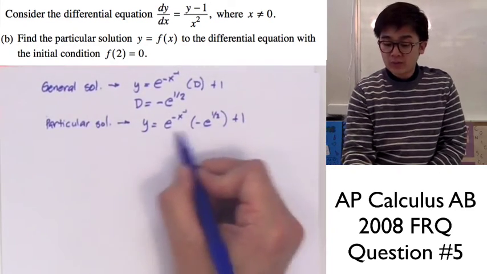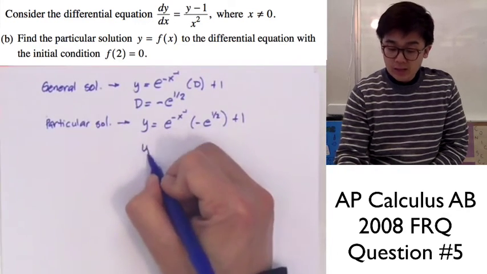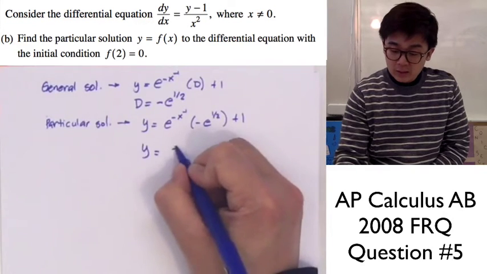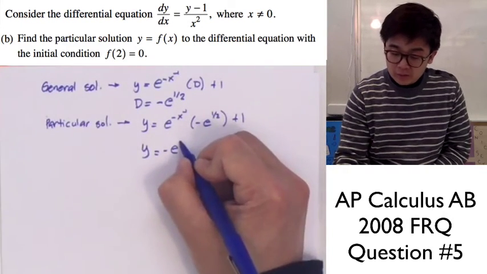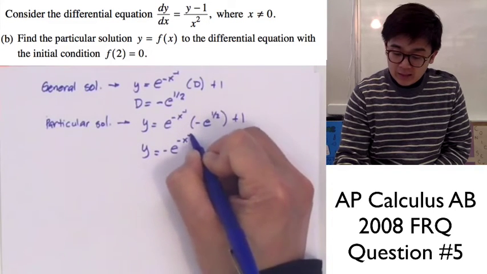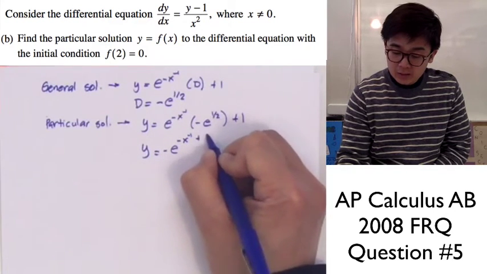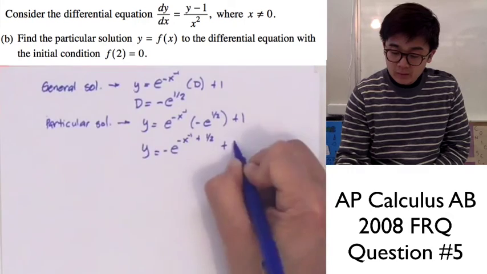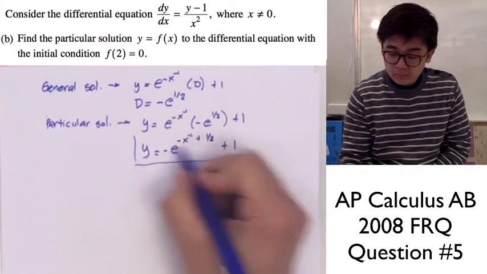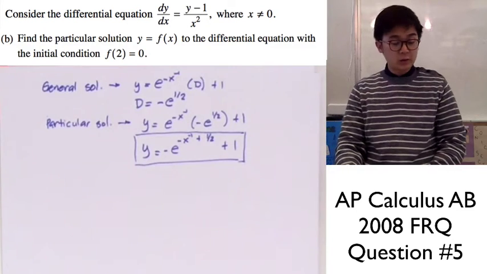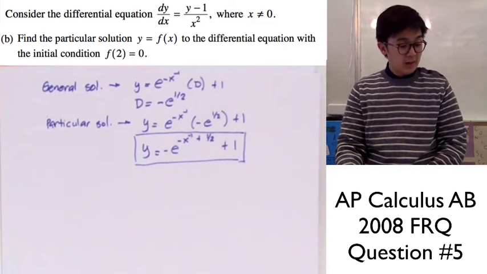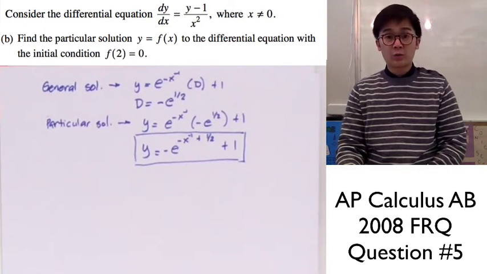If you want to simplify this further, we can combine the two e's right here. So we'll have y equals negative e raised to negative x to the negative 1 plus 1/2, plus 1. And this is our particular solution, which is what we're looking for in question letter B.